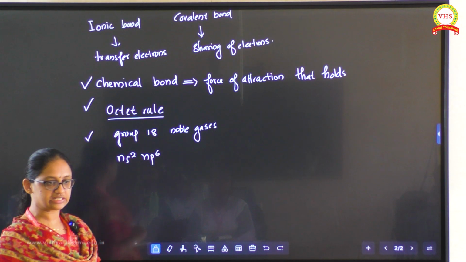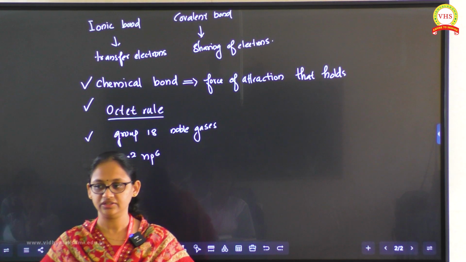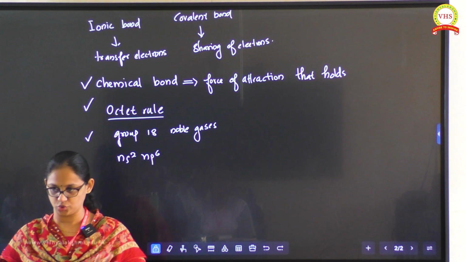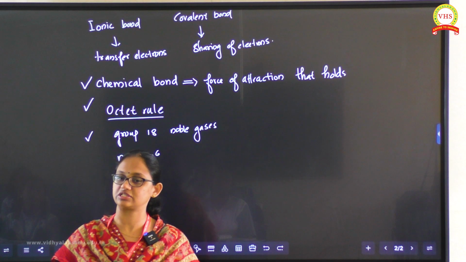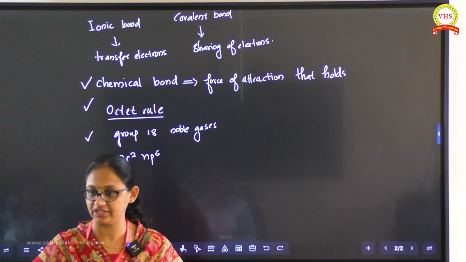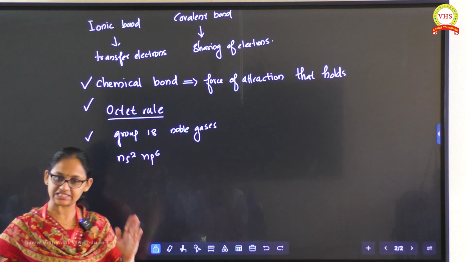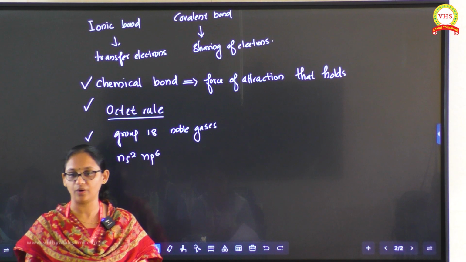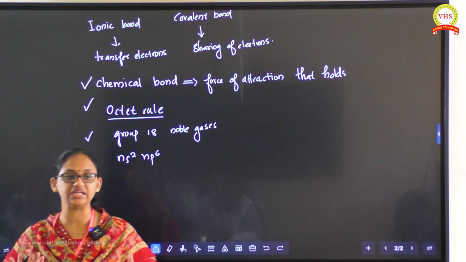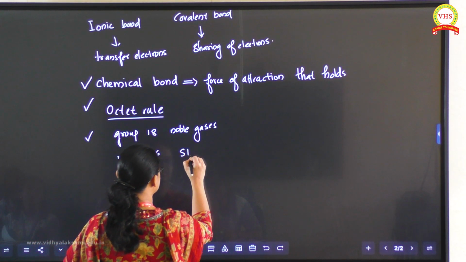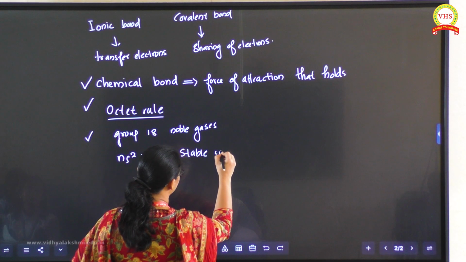You know that the maximum number of electrons in the s subshell is 2, and in the p subshell it is 6. In the case of noble gases, the s orbital and p orbital are completely filled. Completely filled means it is a stable configuration.